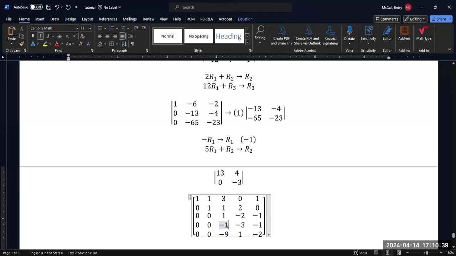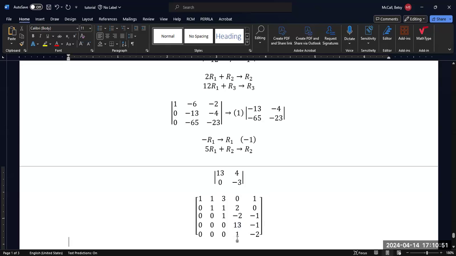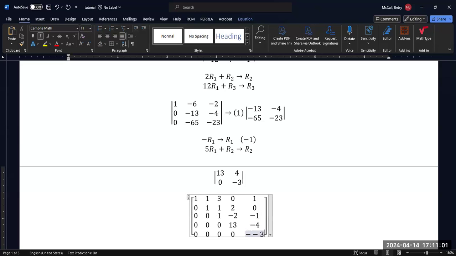I made this one a 1, and I did everything below that and turned that into 0. And then I made everything down here, again, I got rid of everything else. I made this one a 0, and then these last two entries were 4 and negative 3.